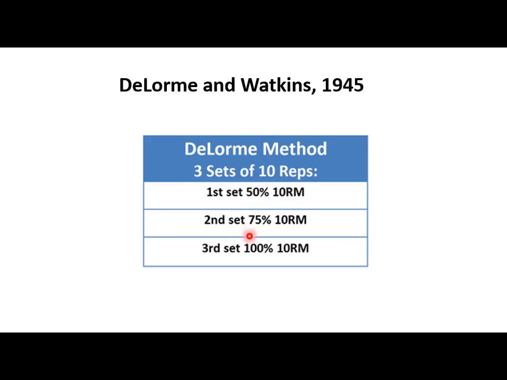On the second set, you're doing 75 pounds for 10 repetitions. And finally, on the third set, you're doing 100 pounds for 10 repetitions. So this concept, sometimes folks call it laddering, is where you are systematically, slowly, progressively increasing the weight as you go set by set.